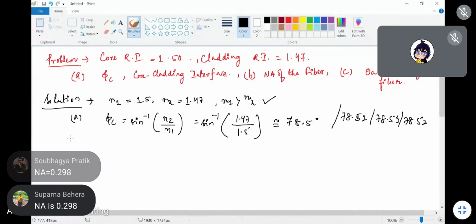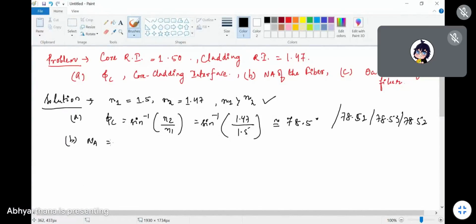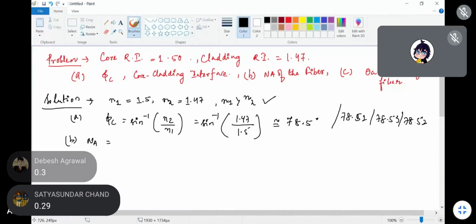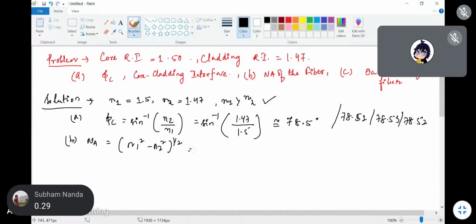Now please write down the value of the numerical aperture. We have got your N1 and N2. The expression that we have with us is equation number 8, that is N1 square minus N2 square root over.